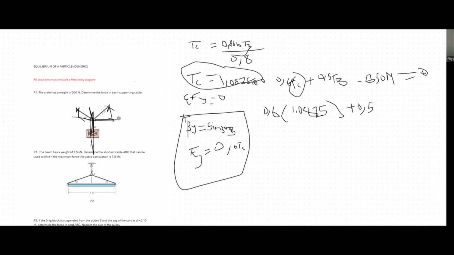We take 550 to the other side, it's going to be positive. When we say 0.6 multiplied by 1.0825, it will give you 0.649. You add these two, they will give you 1.1495 TB.